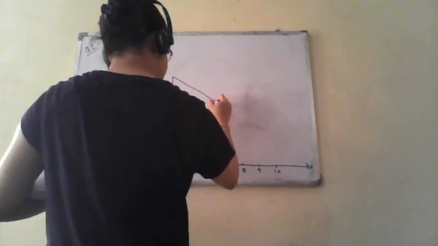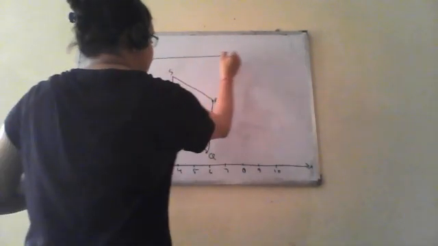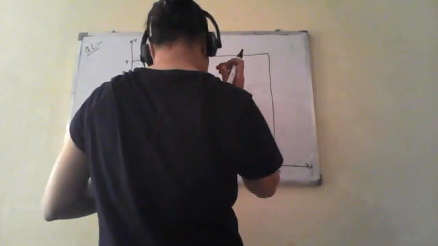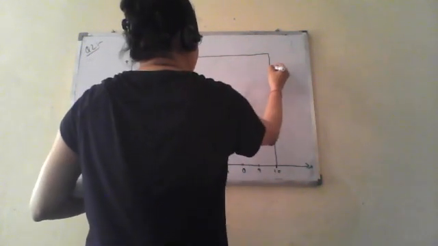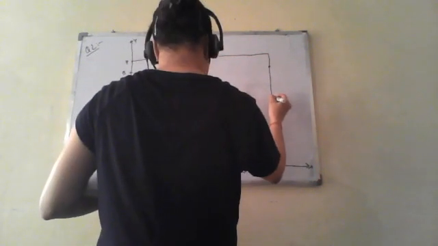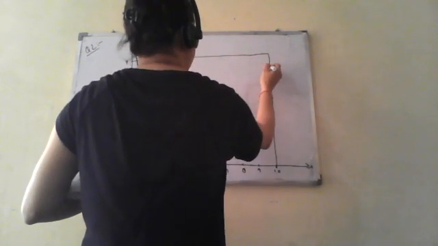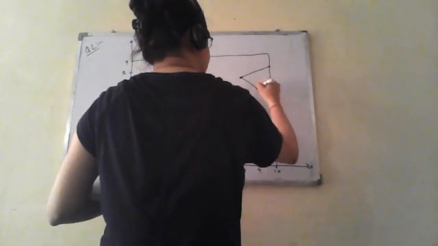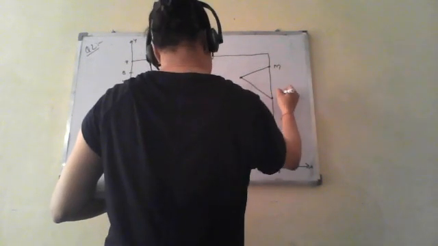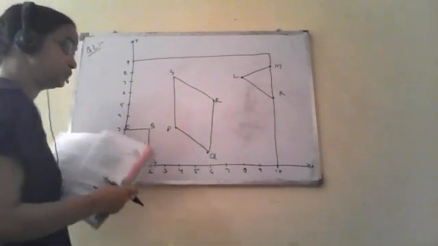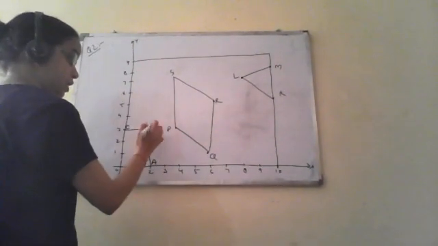I am drawing it in a rough way. This is M, this is K, this is L. So we have to write the coordinates of these figures' vertices.